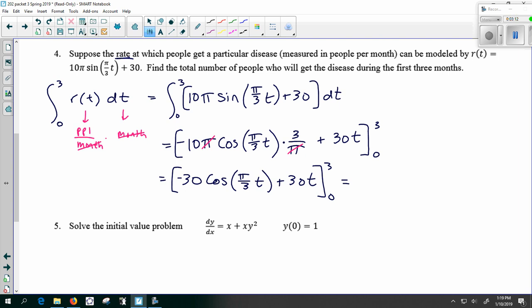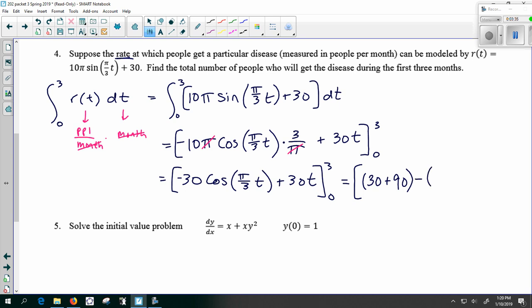Okay, so if I plug in a 3 for t, pi over 3 times 3, the 3's cancel and I get pi. The cosine of pi is negative 1. So negative 30 times negative 1 is 30. And then 30 times 3 is 90. So that's just plugging 3 in for my t's in that expression.